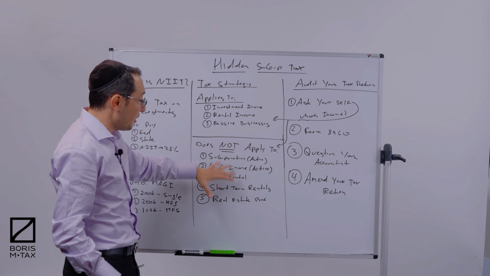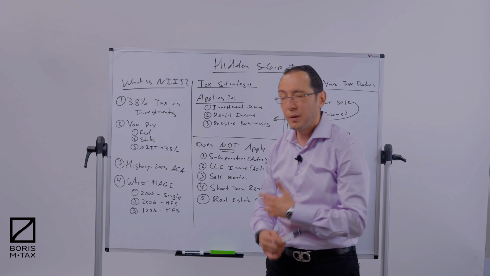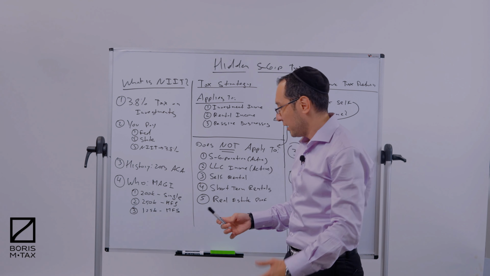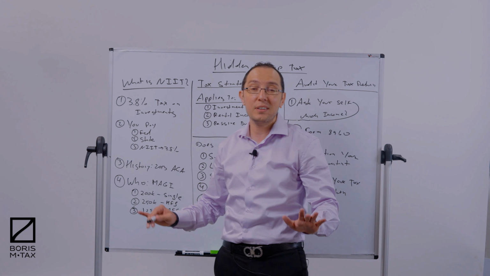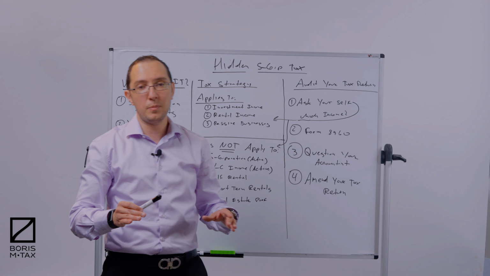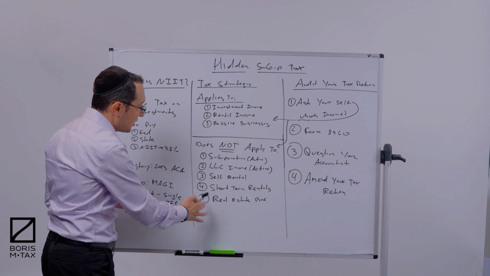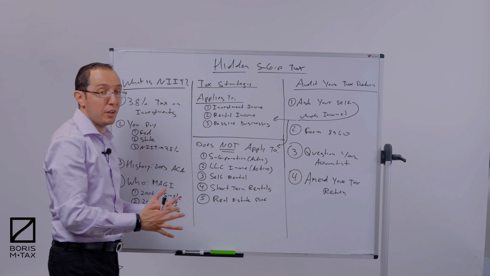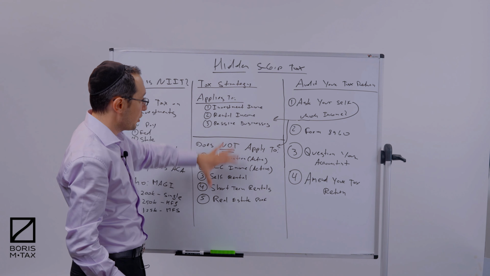If you have any of these and you are over the income threshold, which the majority of business owners are, especially married filing jointly over $250,000, you definitely have this tax on your tax return if you have some sort of investment income. And then it could be triggering and latching onto other activities that you do not qualify to pay this tax on. So ask yourself, where am I on this chart right here?